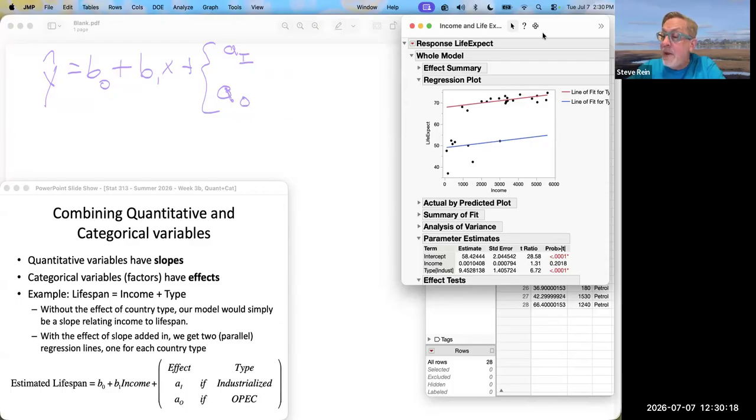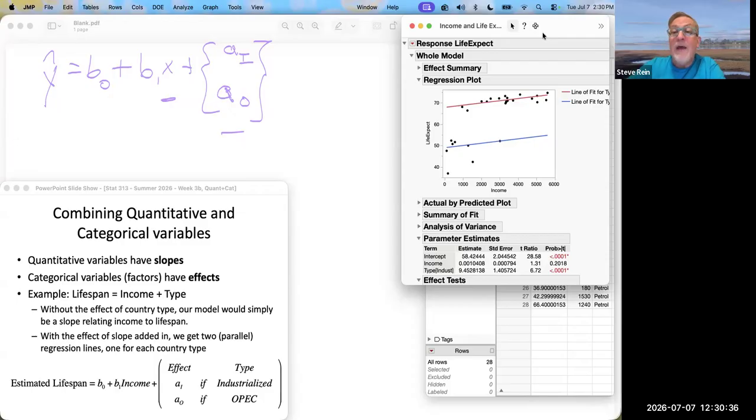So you pick one of the two. Because my model has a y hat on the left-hand side, it is my predicted level of estimated lifespan based on a function of just these other values, X, and which category you're in.